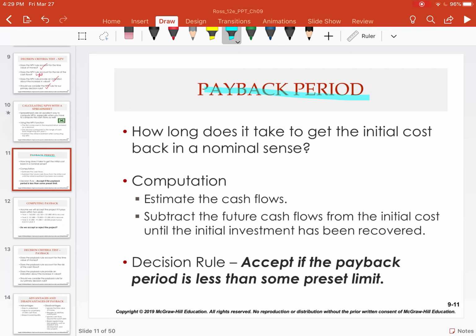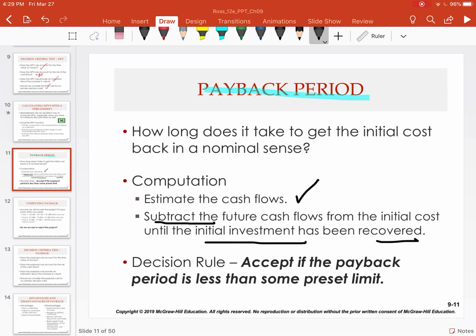Whenever we're looking at this, we're going to be estimating our cash flows, and we're going to simply subtract those future cash flows from the initial cost until the initial investment has been recovered. Our decision rule is to accept if the payback period is less than some preset limit.